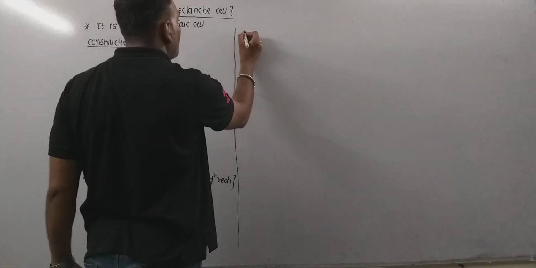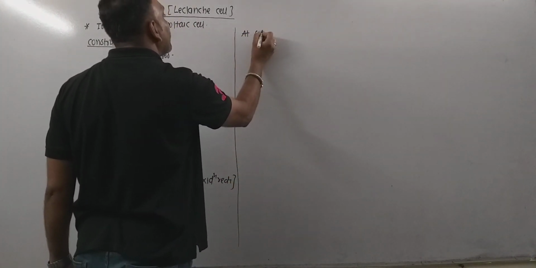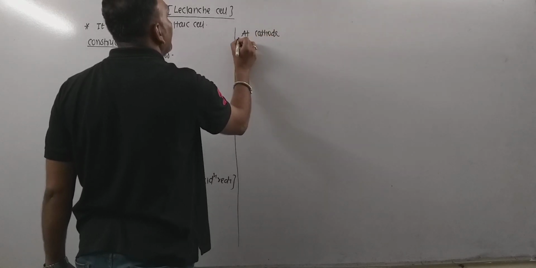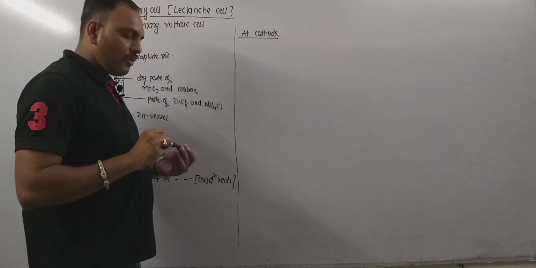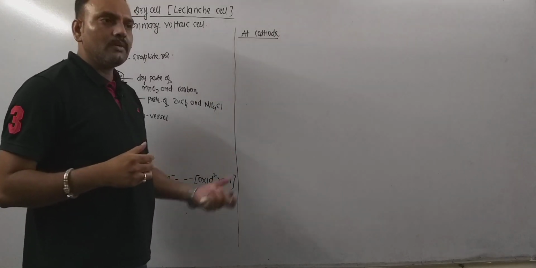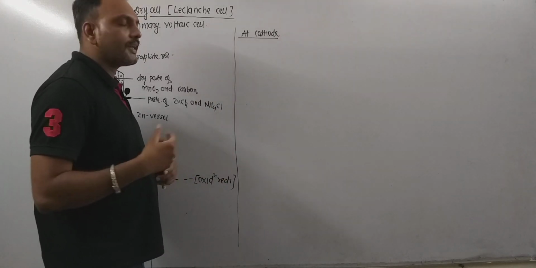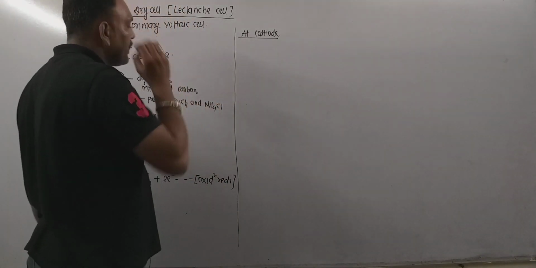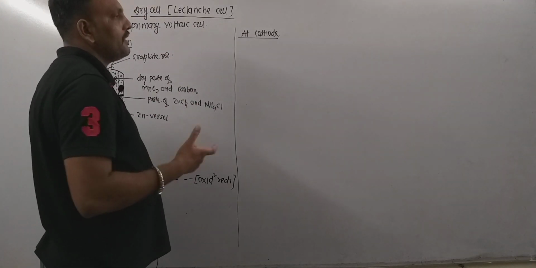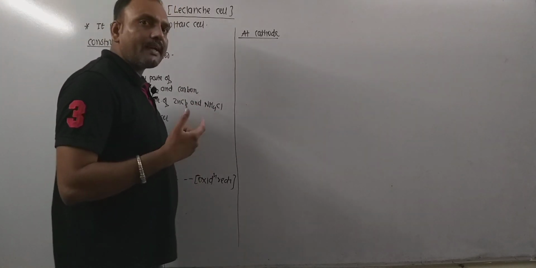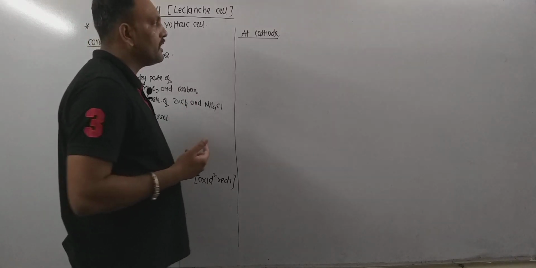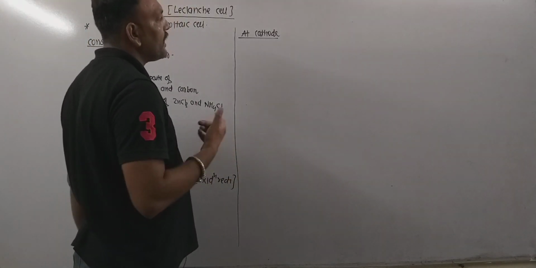Now the question is, what happens at cathode? We know very well that the graphite electrode which is suspended from the center acts as a cathode, so reduction is expected at that. So what happens? Electrons released in the process of oxidation are accepted at cathode.